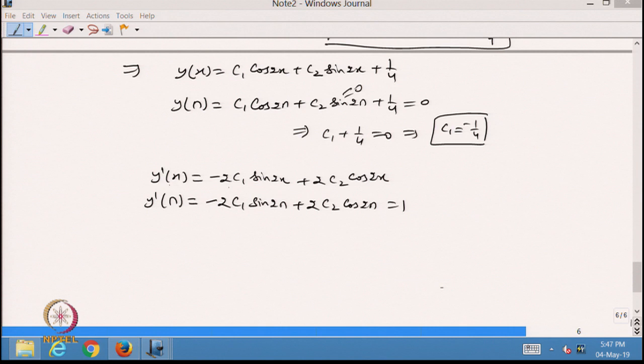So, from here my C1 is already minus 1 by 4. So, this one I can write as 2 times C2, since cos 2π is 1. The sin 2π term is always 0.